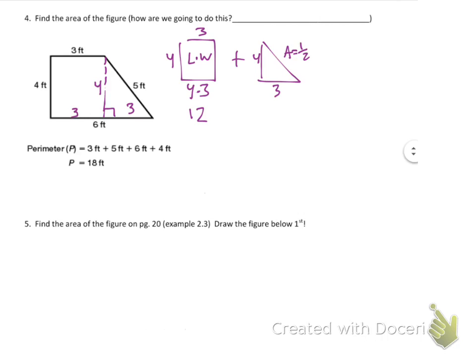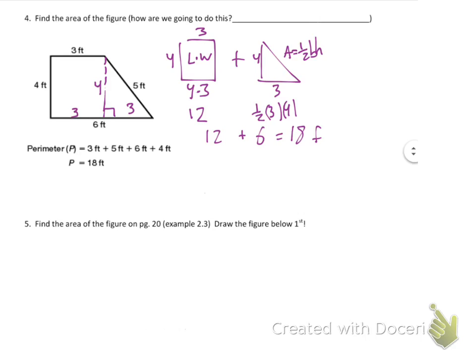Area equals 1/2 base times height. Which means this would be 1/2 times 3 times 4. I think it'd be easier to do half of 4 than half of 3. Half of 4 is 2, so 2 times 3 is 6, so it's 18.